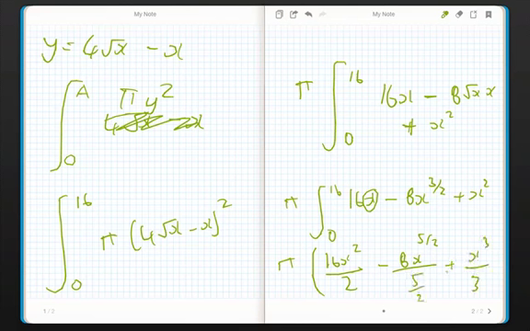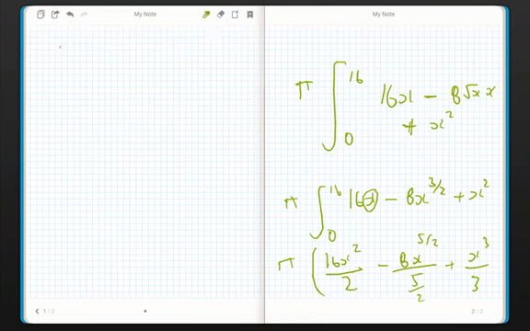I hope you see how I got that. Now I'm just going to clear this page. Hope you've got this. Now we have pi into 8x squared minus 8 divided by 5 by 2, being 16 by 5, x to the power of 5 by 2, plus x cubed by 3.